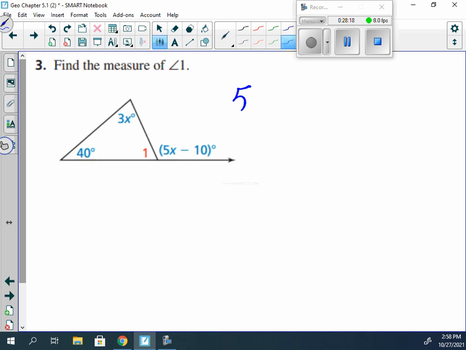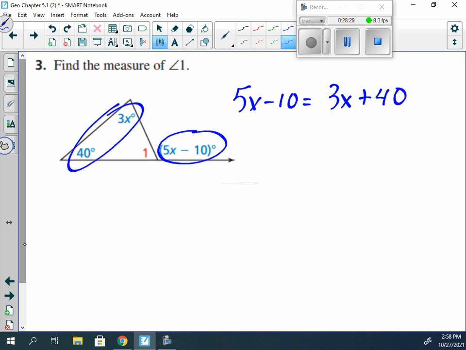So for us here, 5x minus 10 would equal what? The sum of the opposite two interior angles. But if we could find the value of x and plug it back in, then we can solve for the measure of angle 1.